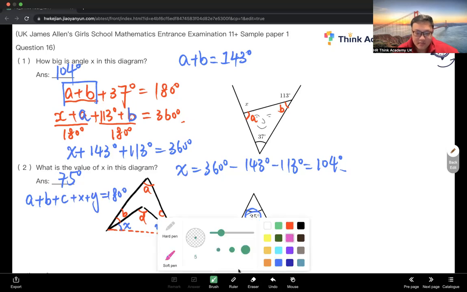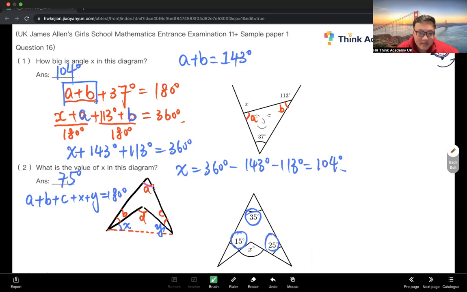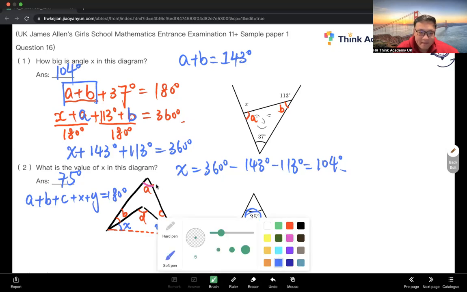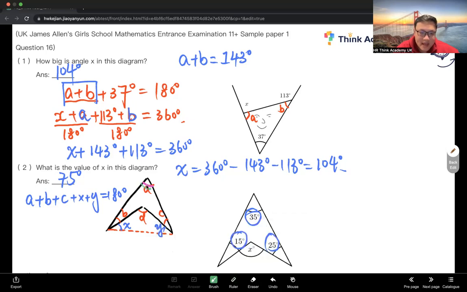Do you know why? You see, this is A. This is B plus X. This is C plus Y. So that's why you have A, B, C, X, Y. They add up to 180 degrees.